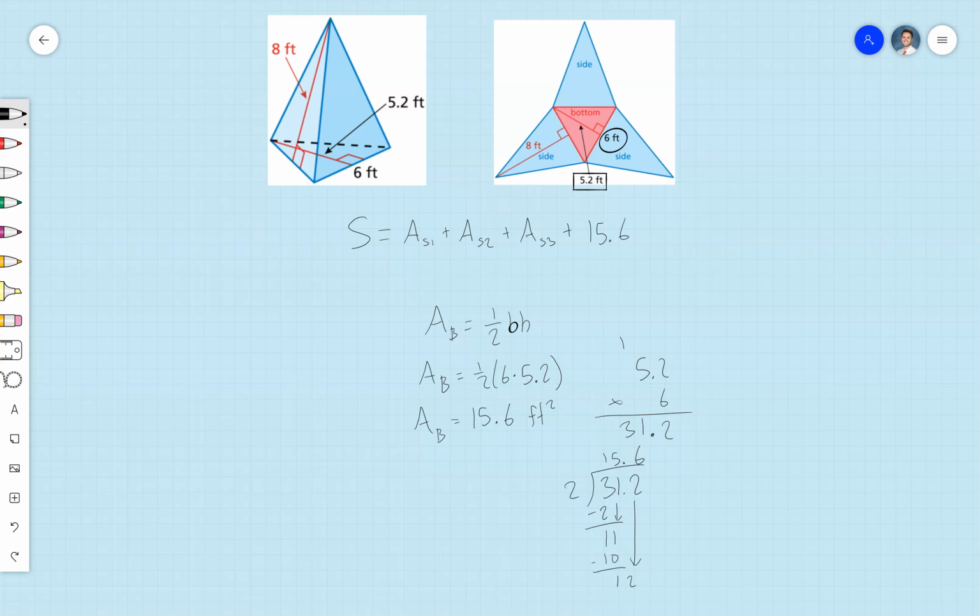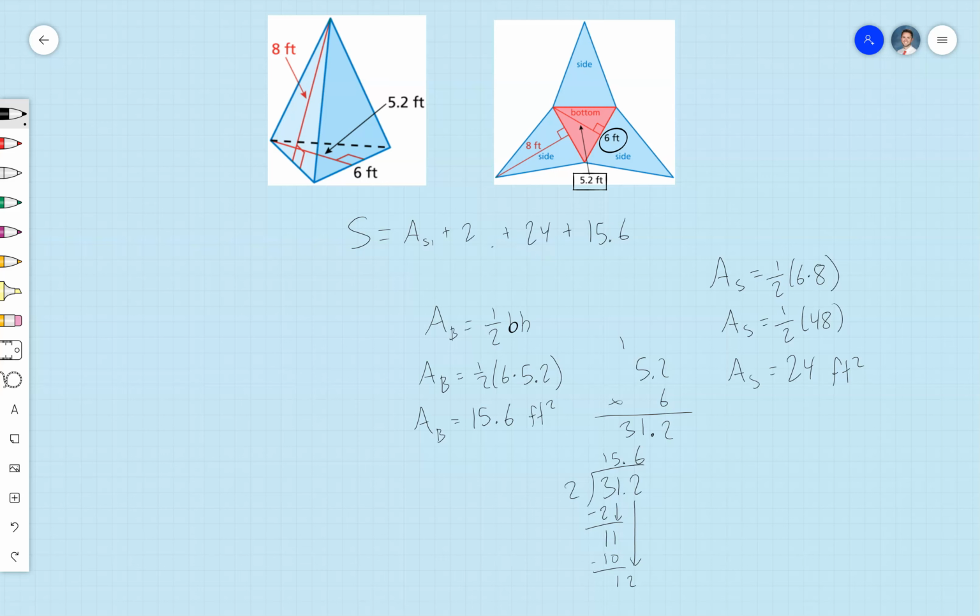Okay, and then each of our sides has a base of 6 feet and a height of 8 feet. So 1/2 times 6 times 8. 6 times 8 is 48, so 1/2 of 48 would be 24. So we can now substitute for each of our sides here the area of 24.